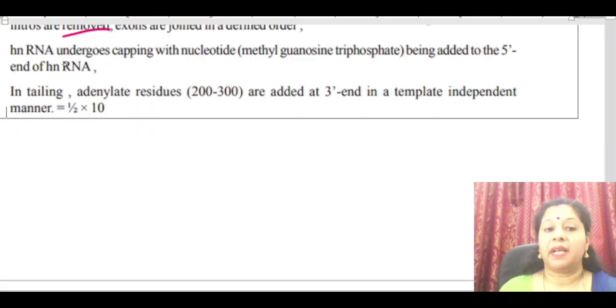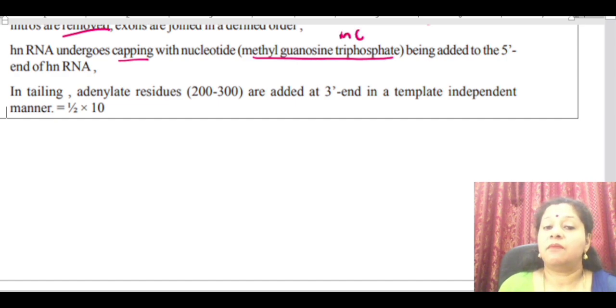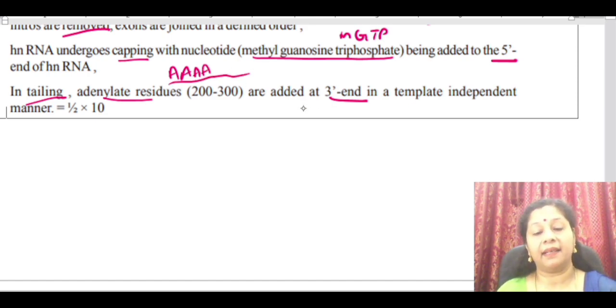hnRNA, heterogeneous nuclear RNA, also undergoes additional processing like capping, with a nucleotide like methyl guanosine triphosphate added to the 5' end of the hnRNA. There is also tailing at the 3' end by adding adenylate residues. 200 to 300 adenylate residues will be added at the 3' end.